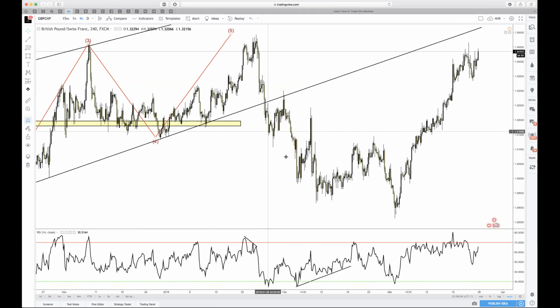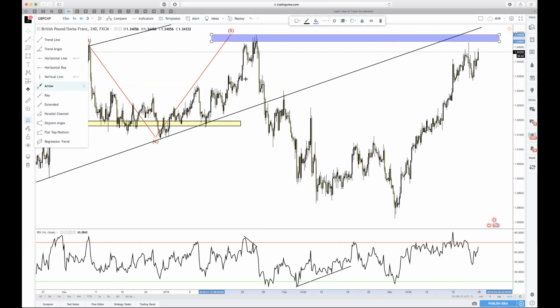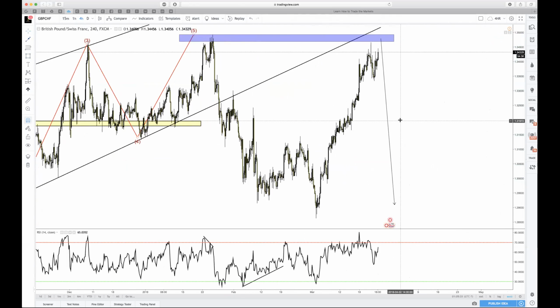Level 1, level 2, extra level, W, level 1, level 2, M formation, the resistance. Okay, so right now, this is technical. That's it. There's nothing else. You probably might see a rejection from this point, and that's about it. Okay, that's it. That's all you're gonna see.